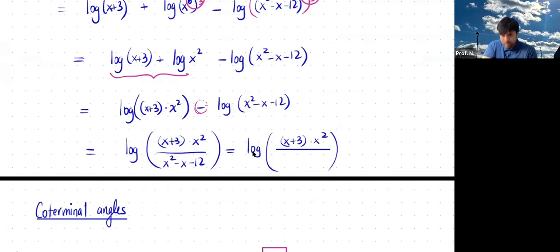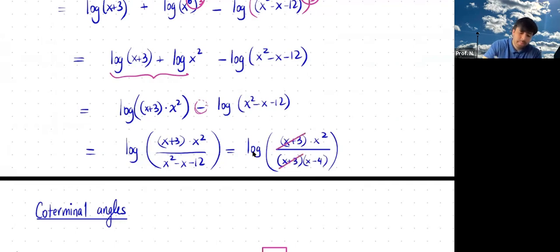3 and 4. Which one is negative? Which one's positive? One has to be negative, one has to be positive. So x plus 3, x minus 4. Good. And now look what happens. See ya later.